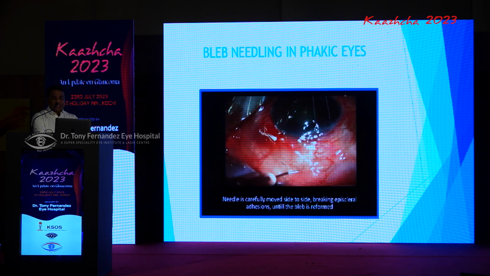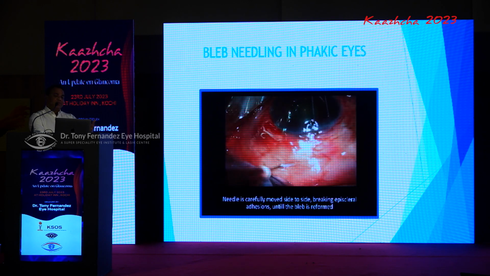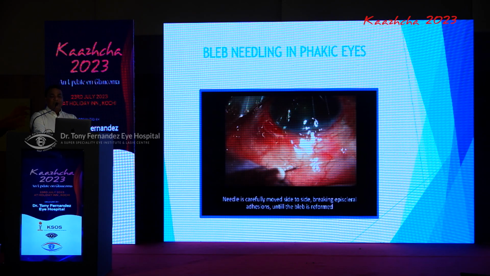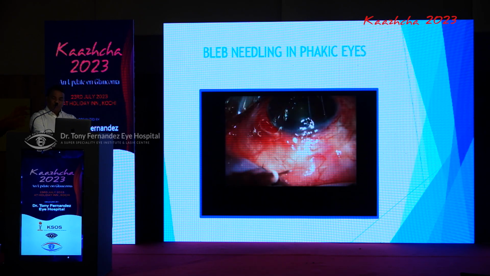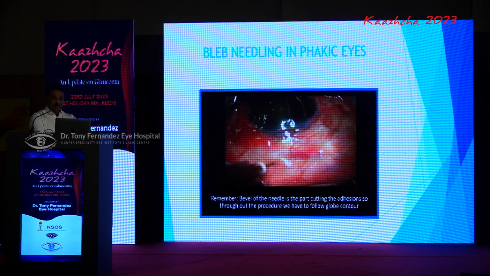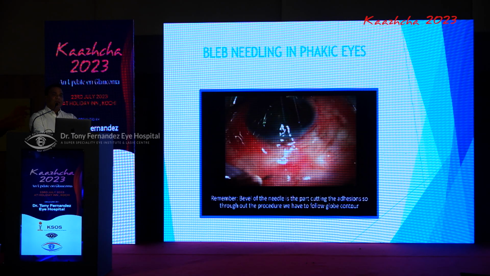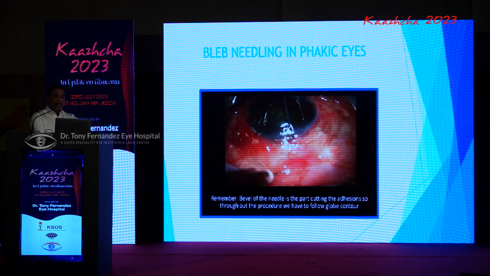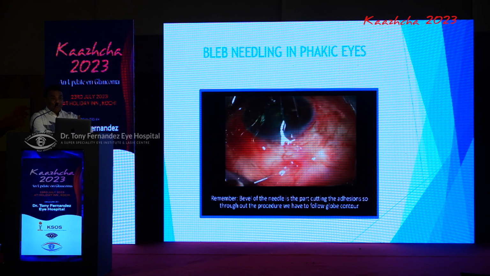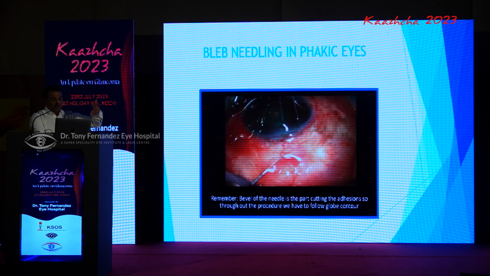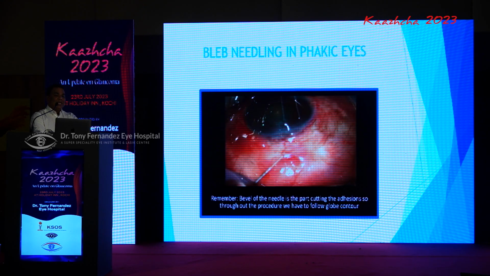subconjunctival fibrosis. After removing the subconjunctival fibrosis, sometimes the encapsulated bleb is really hard to remove or cut, and we have to apply a little force, but always keep in mind that your needle bevel is visible, away from the globe, and should always be toward the conjunctival side.